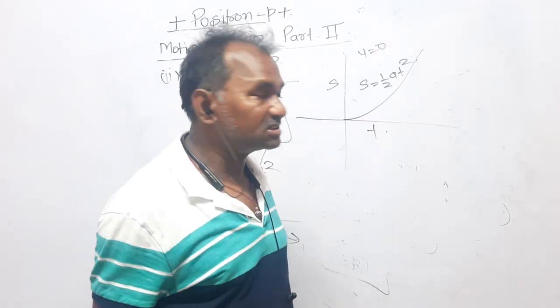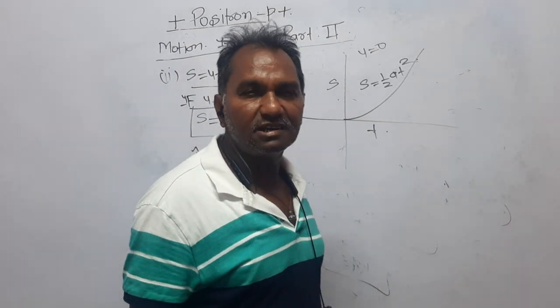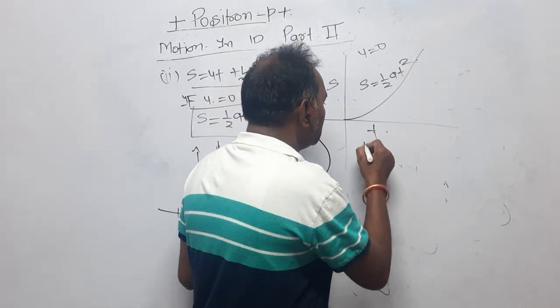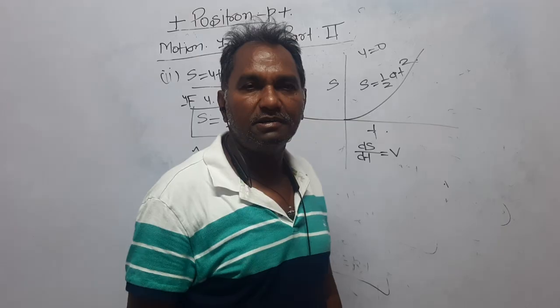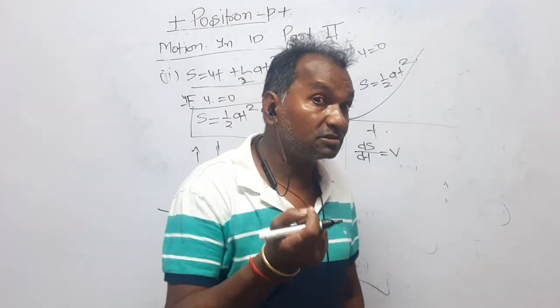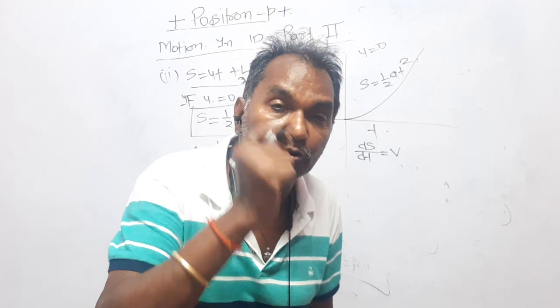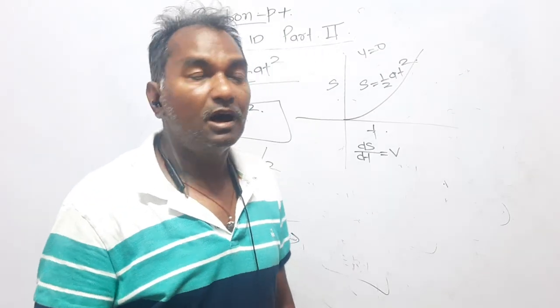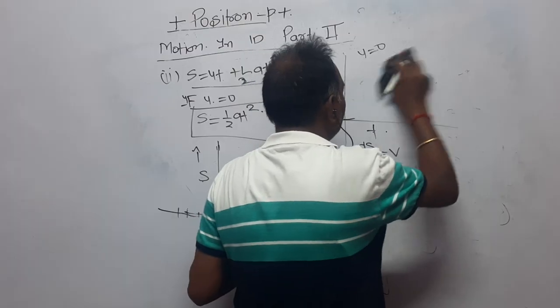How will you show this? Now look here, it is between s and t. If s and t, then slope will be ds upon dt and that is velocity. Because initial velocity is 0, it means the initial slope of the graph should be 0, and initial slope of the graph will be 0.